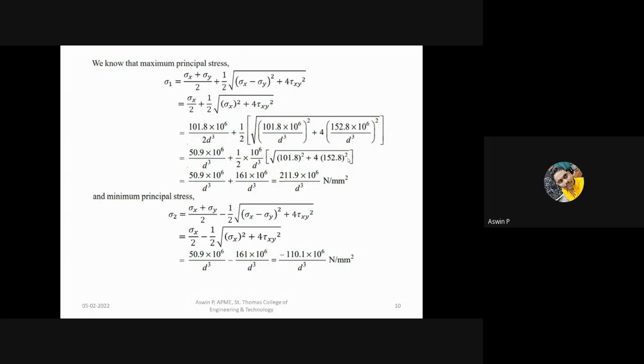If you are just copying and listening, you won't get the answers. You need to do it yourself. Then only you will get the marks.